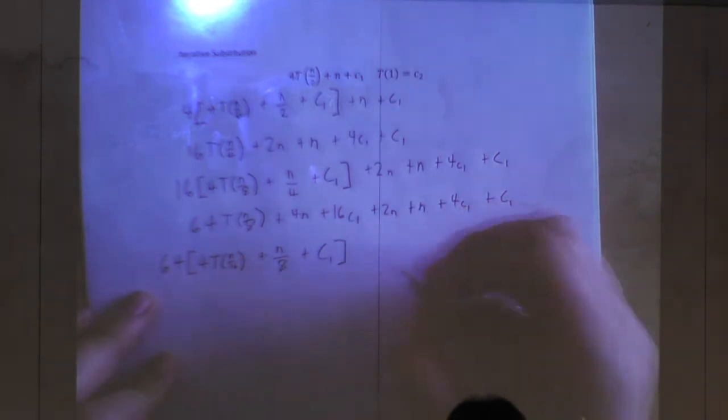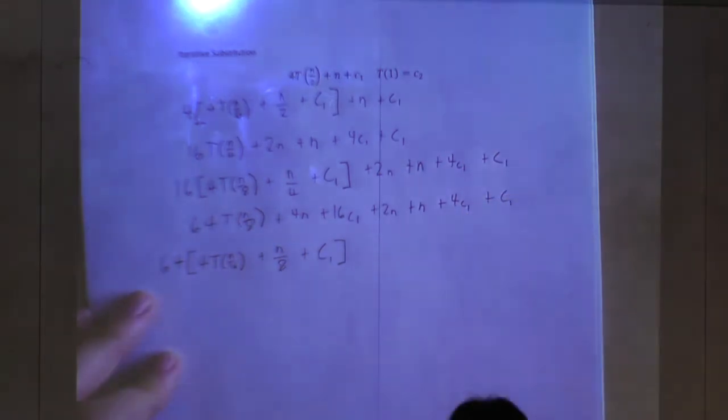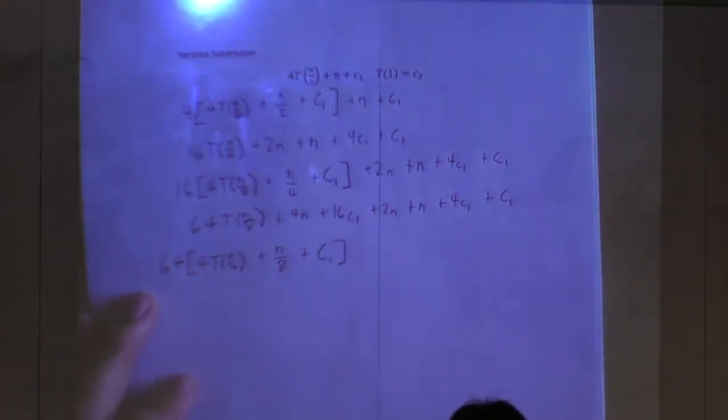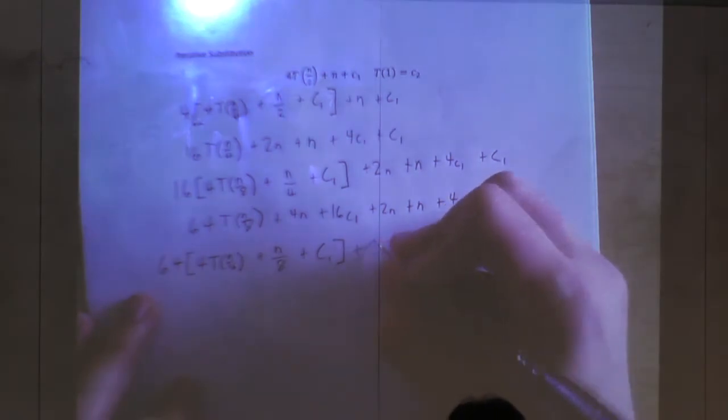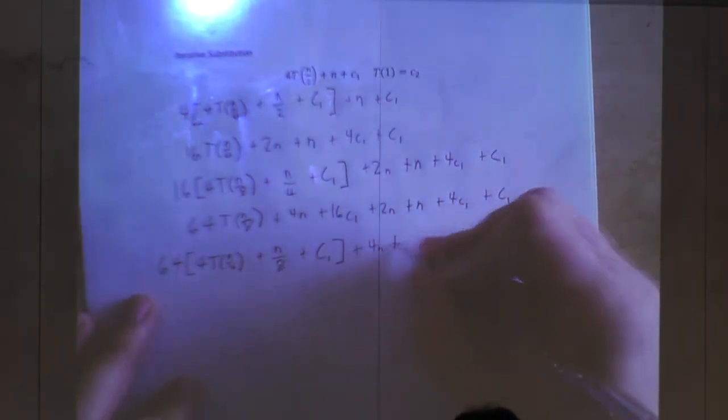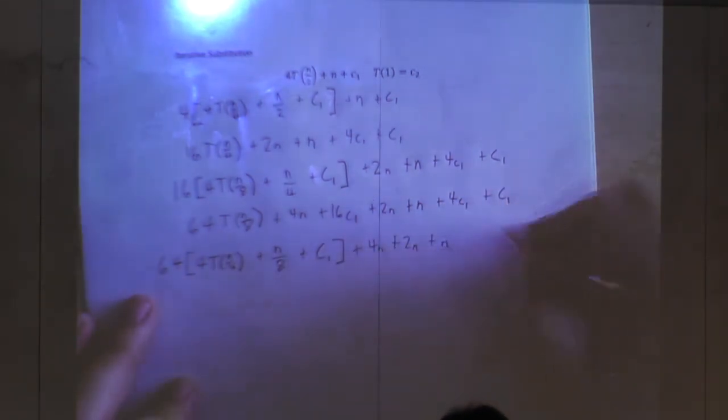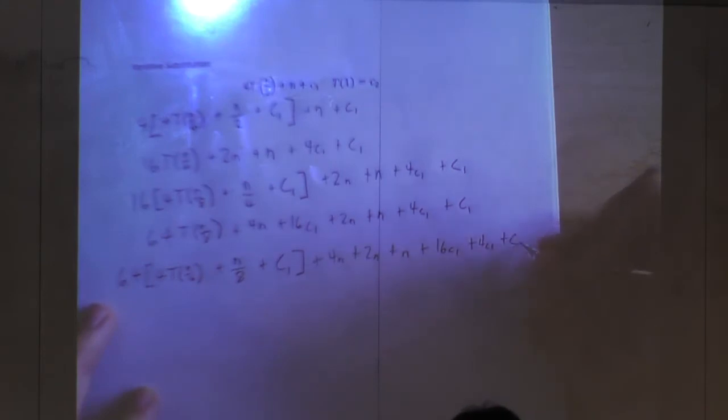Okay, so then from there we need to add, and I'm going to flip these terms around a little bit so that the pattern might be a little more obvious. So we'll have plus 4n plus 2n plus n, and then plus 16c1 plus 4c1 plus c1.